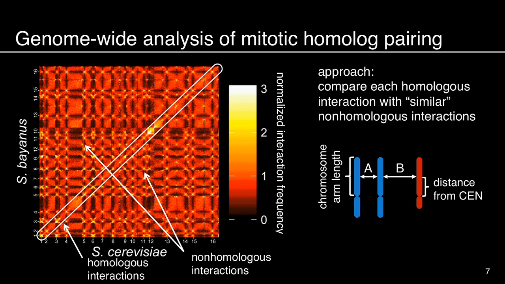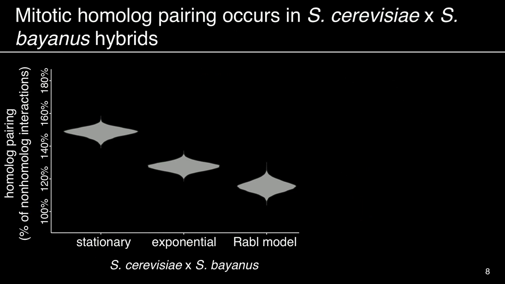So we can take these comparisons and aggregate them across the genome, and what we find is an estimate of mitotic homolog pairing. Here I'm showing you those results for yeast in stationary phase, in exponential growth, and finally a control using the data from the Rabl polymer model that I mentioned earlier.